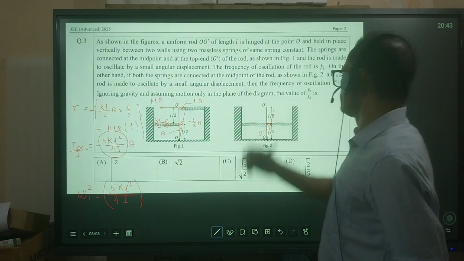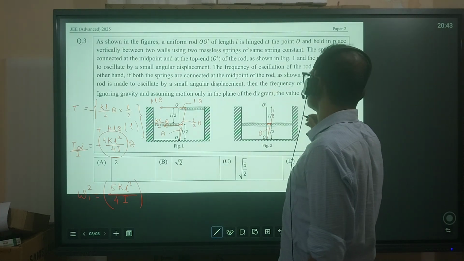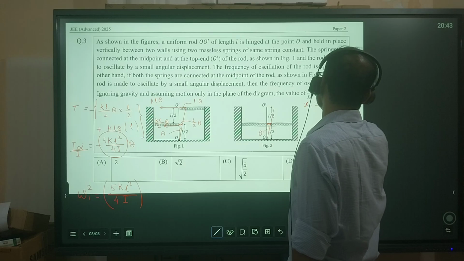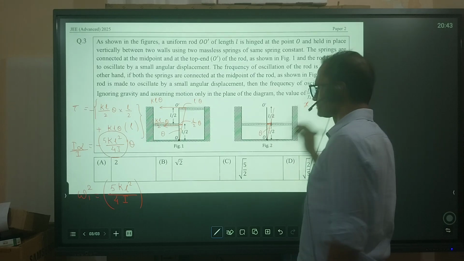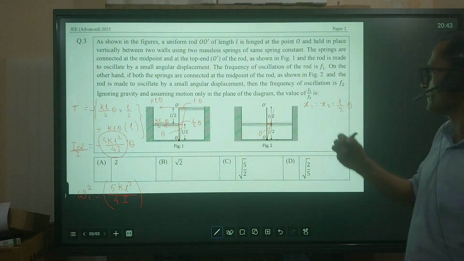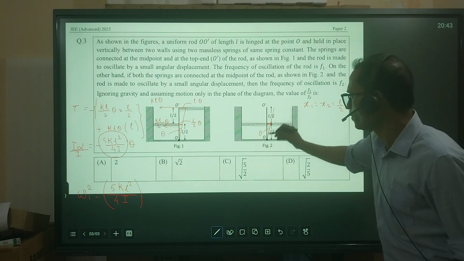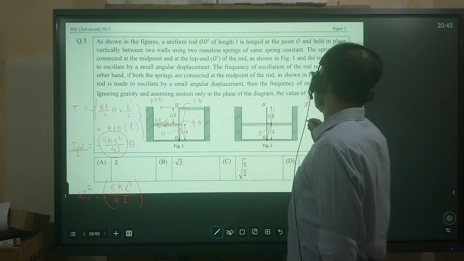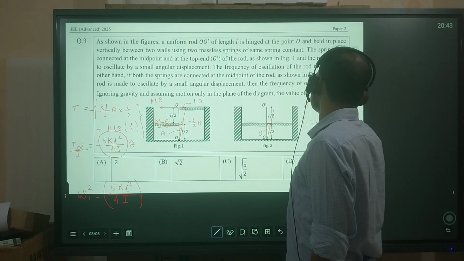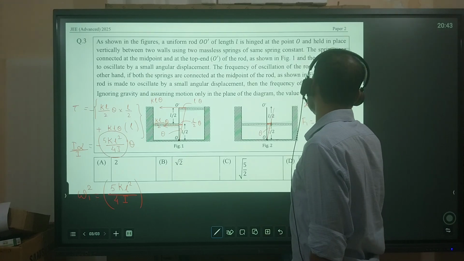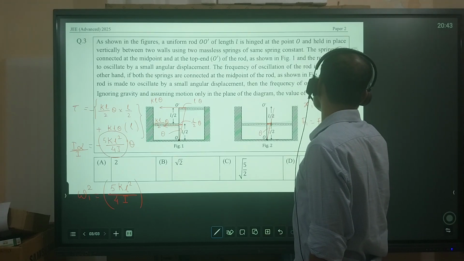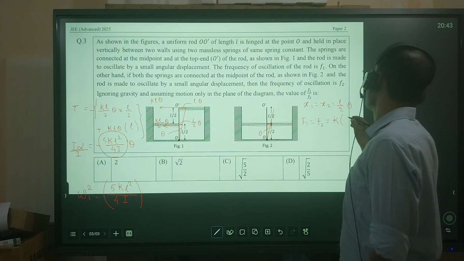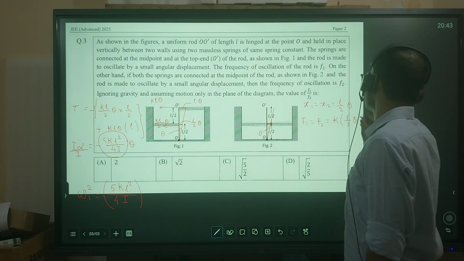So what will be the force? To find the force, the elongations x1 and x2 are L by 2 theta, because this length is only L by 2. Full length is not used. Now F1 and F2 are also the same, Kx, which means KL by 2 theta.